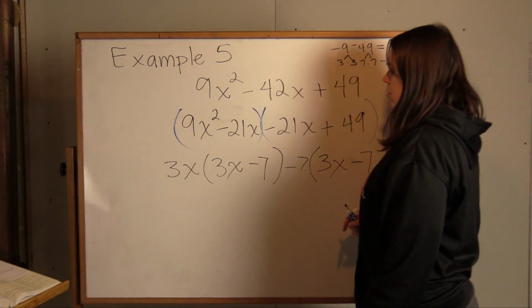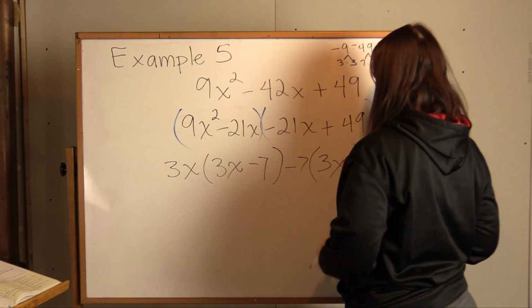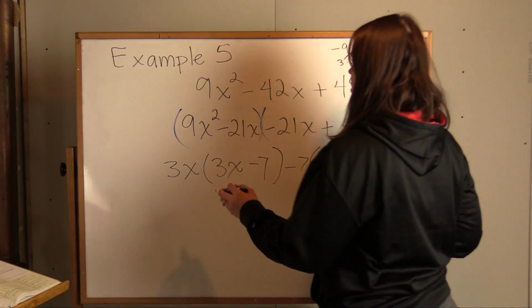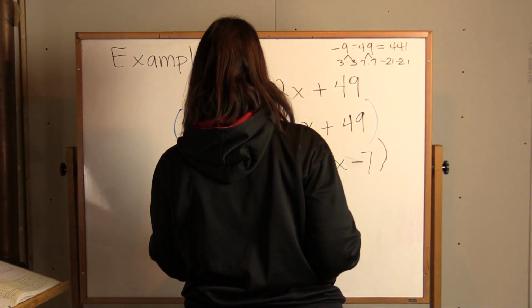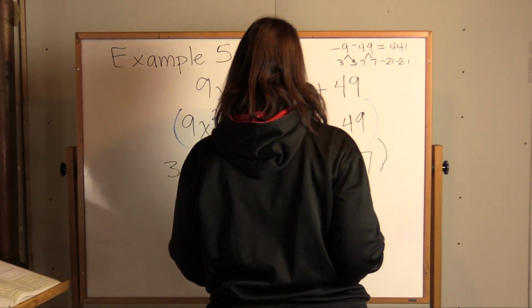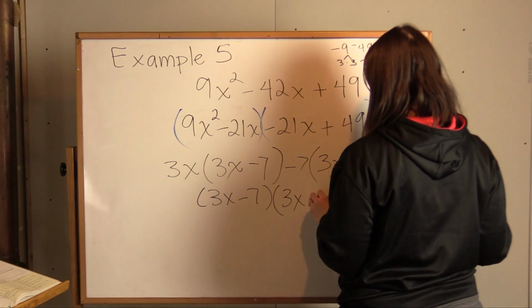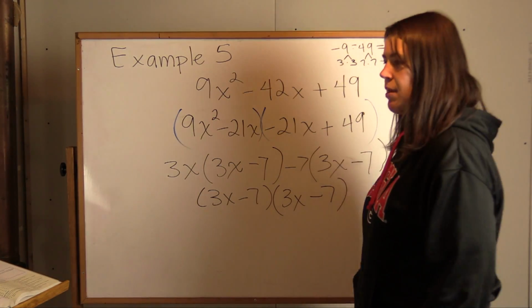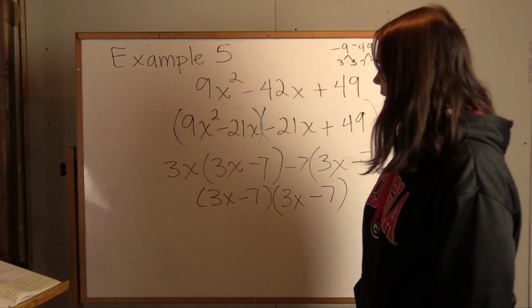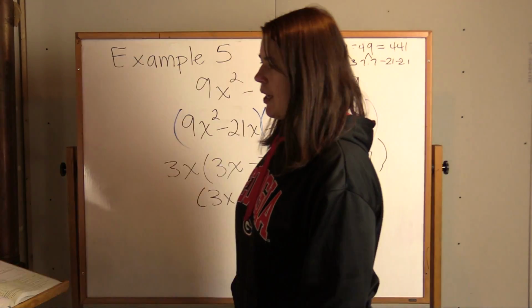All right, now what do I notice now? I have a 3x minus 7 and a 3x minus 7. So I'm going to factor out 3x minus 7. What am I left behind with? 3x minus 7. Now here's where that statement from the very beginning comes in. I'm going to read it again.